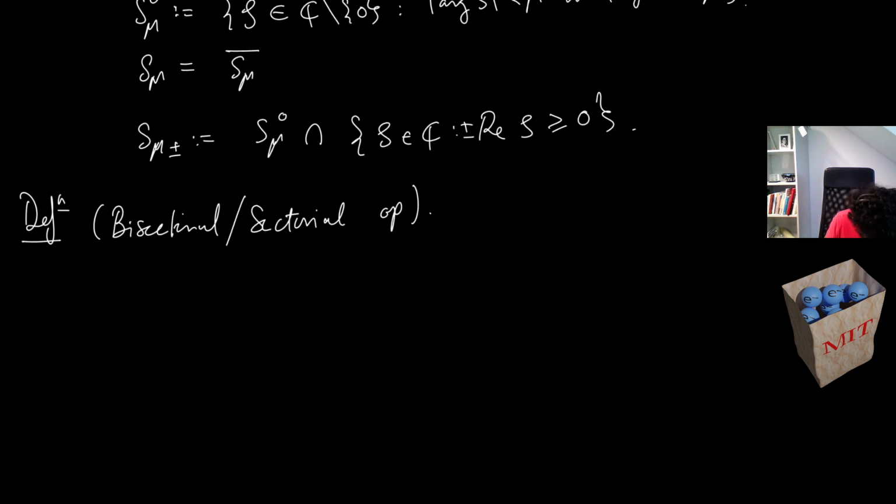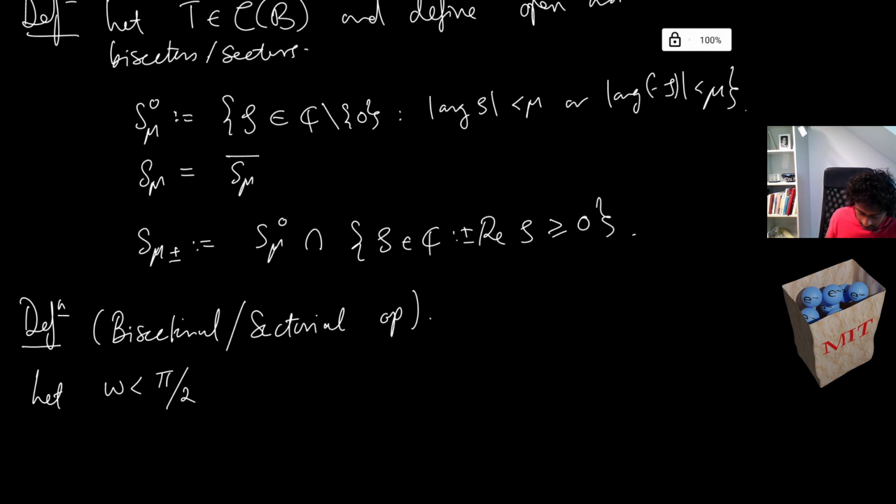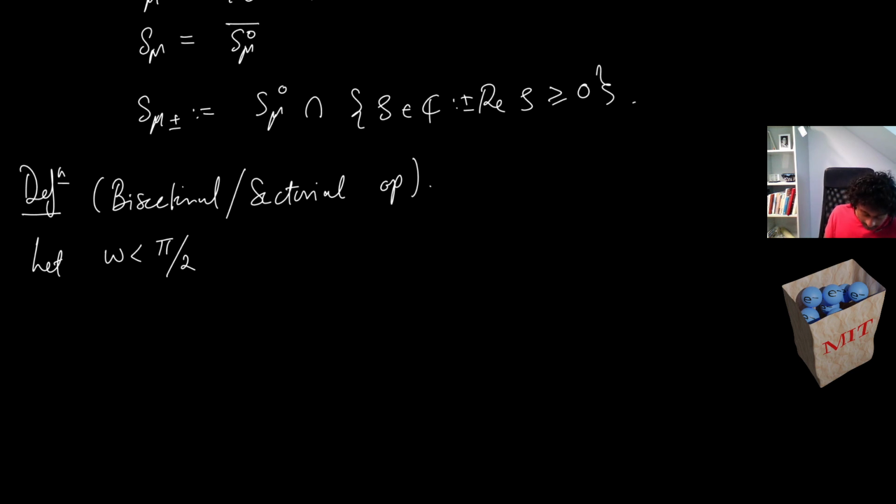For bisectoriality, we require omega to be less than pi on 2. So let omega be less than pi on 2 and let T be a closed operator that's densely defined.